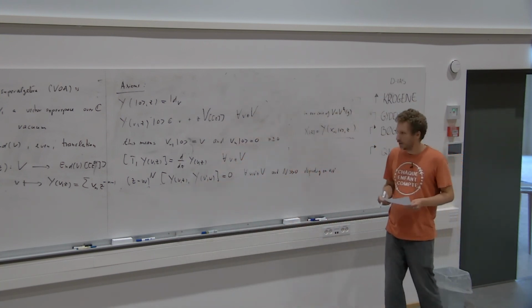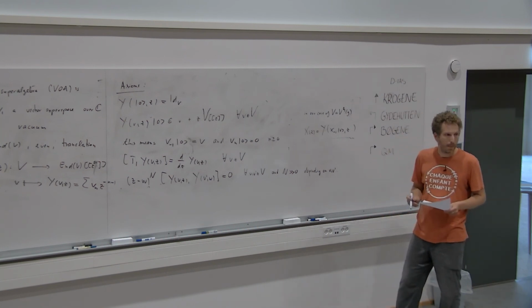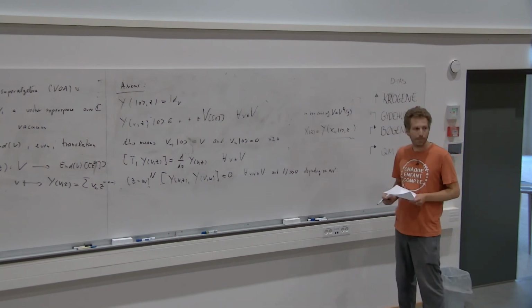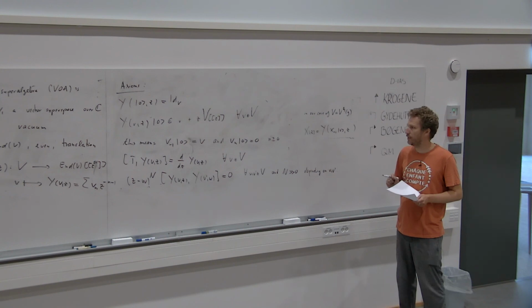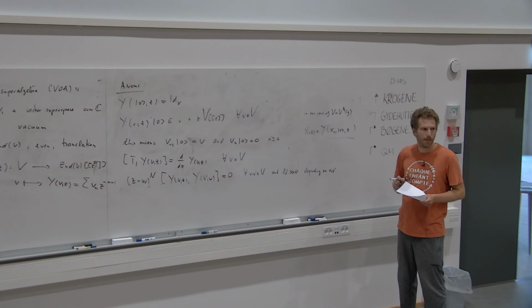Have we already assumed that, you wrote V_n where n is bigger than 0, do we already know that the V minus n's act on the vacuum by 0 in general? No, it was the positive V_n that act as 0. The other guy here, the y, has all kinds of powers, right?